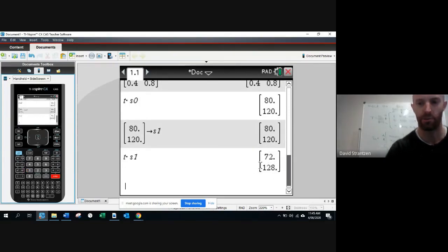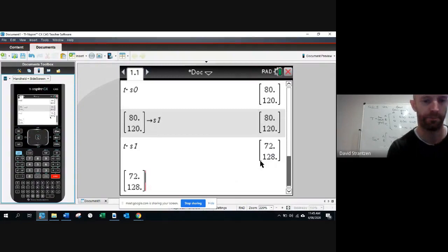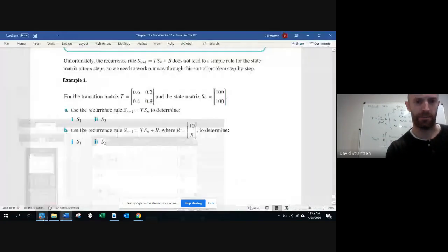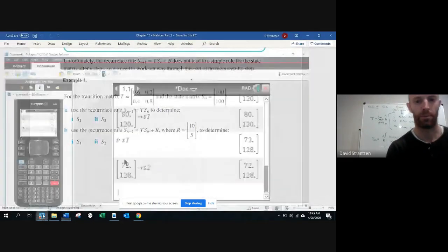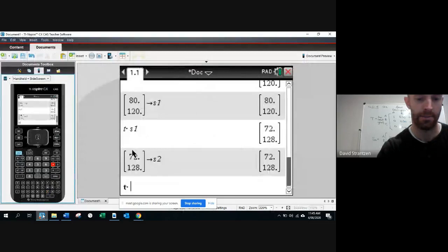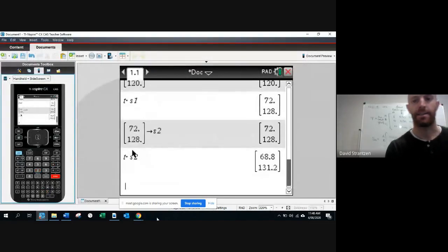I'm going to store this as S2. And I think the question wanted me to find S3, so one more thing to do, I've got to do T times S2, and that's S3. So S3 is 68.8 and 131.2.